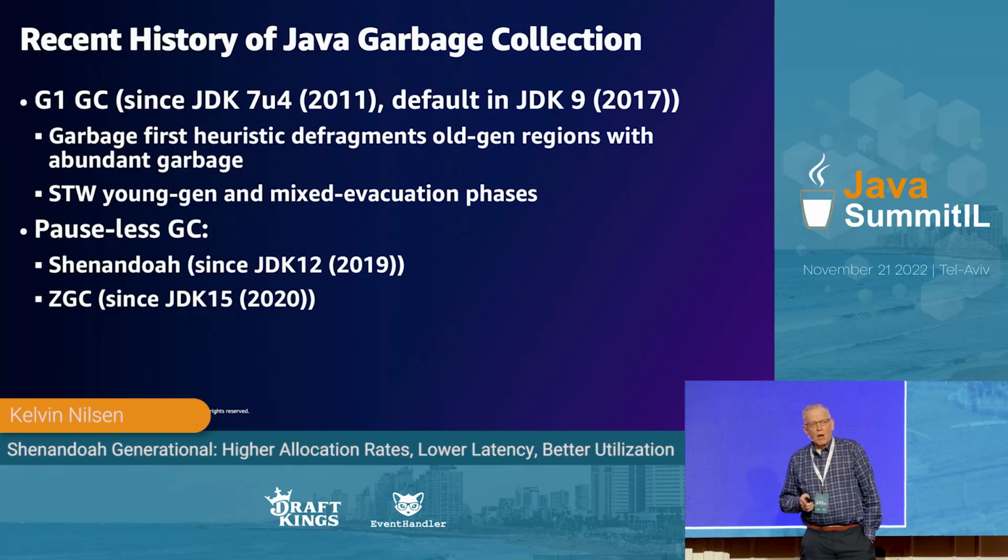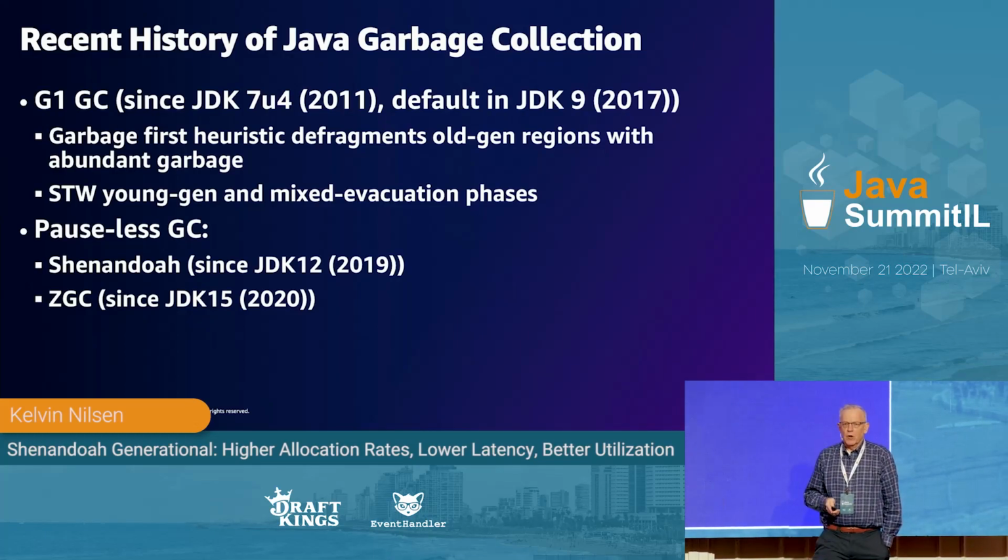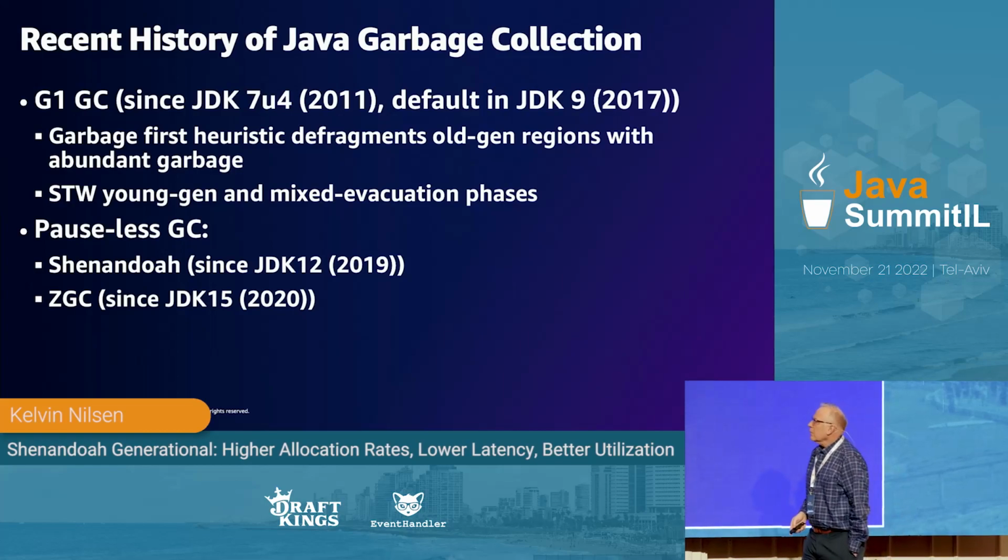And so that also improves the efficiency of garbage collection. It spends its effort where garbage collection is easiest, where you can get the most bang for your buck, the most usable memory with the least amount of effort.